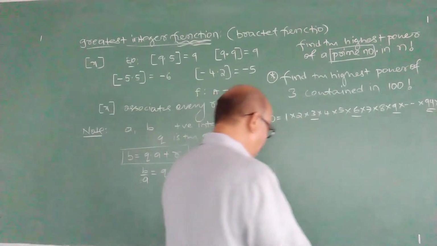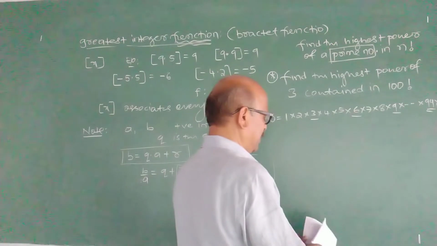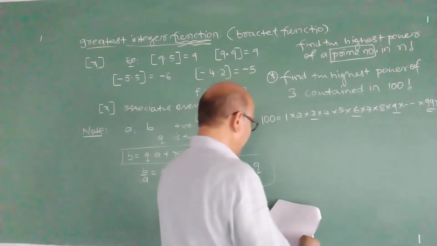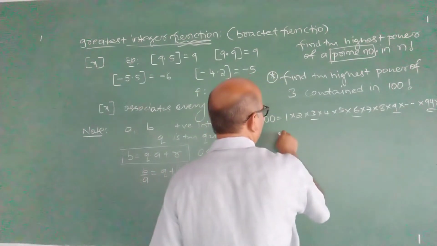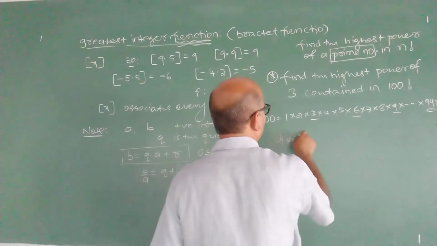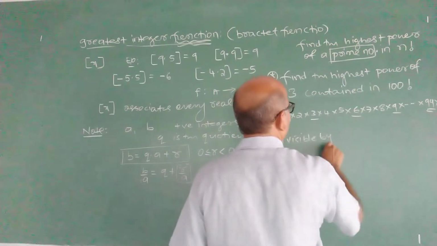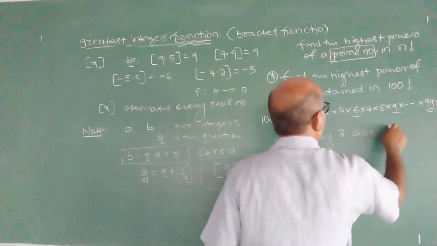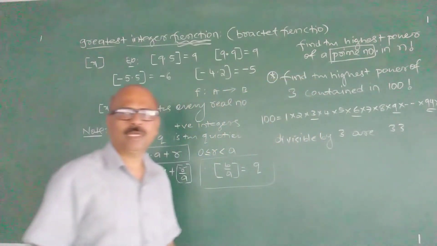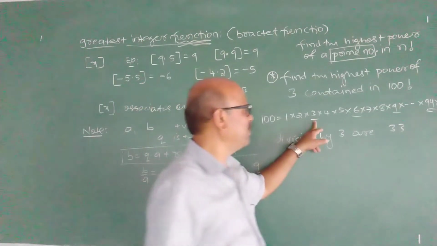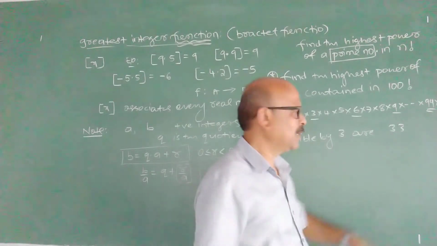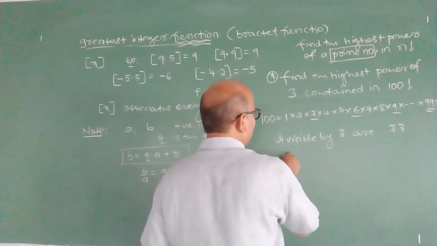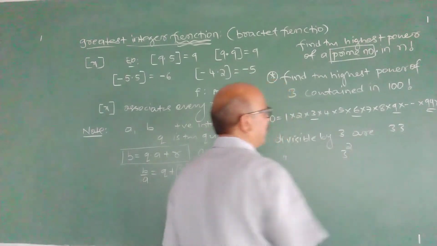Out of these 100 numbers, those divisible by 3 are 33. Agree? 3, 6, 9, etc., 99: total 33.